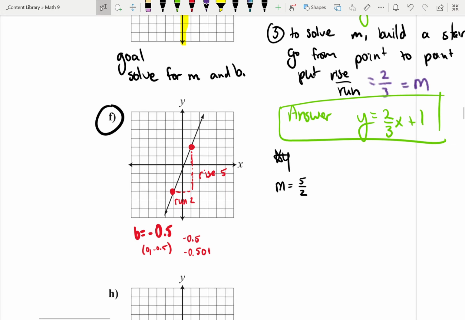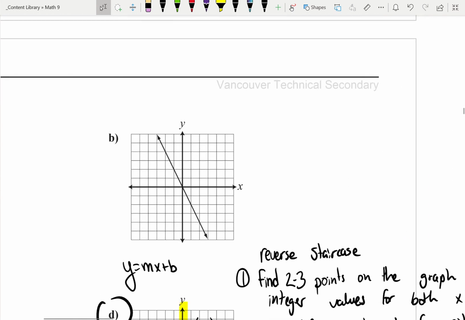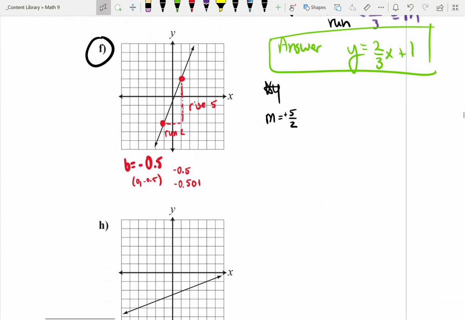The other thing I'll point out, both of these lines are going up and to the right, so I don't have to think about the sign. I know that both of these are positive values. If it was a line going down and to the right, then I would have a negative slope. Okay, so I have y is equal to 5 over 2x plus b.